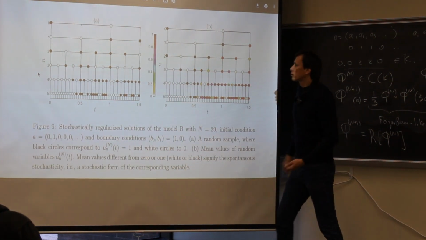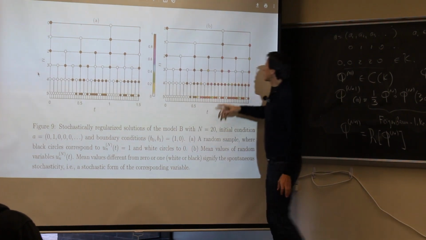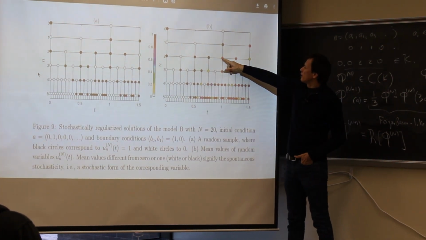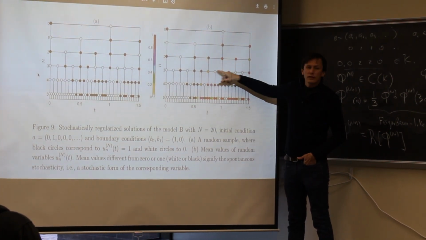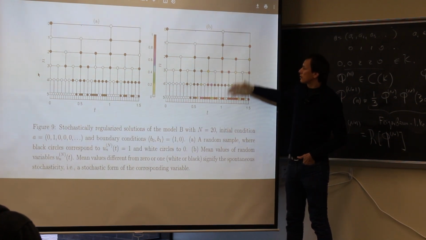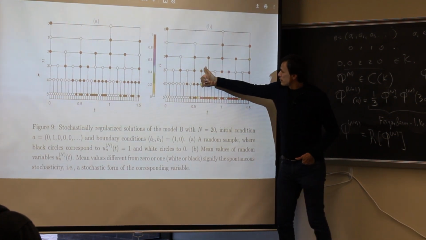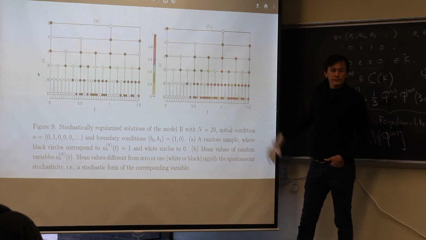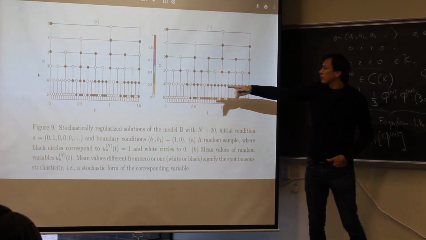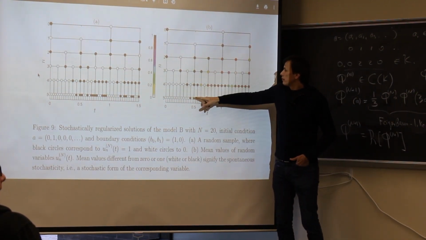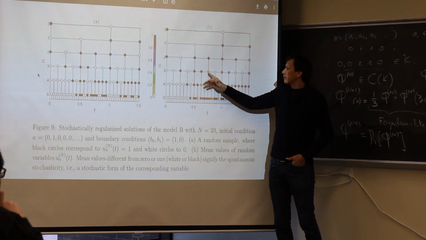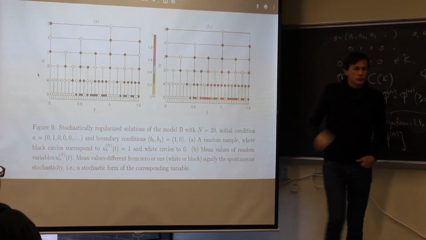But if you do it many times, you can see what is the probability to be 0 or 1 at every spot. And you see that you have some well-defined probability distribution. You can also check numerically that as n goes to infinity, the probability converges exponentially to certain values.